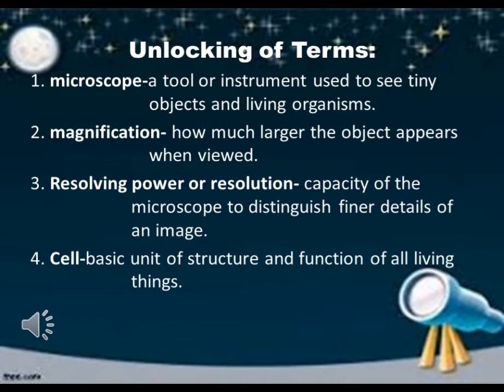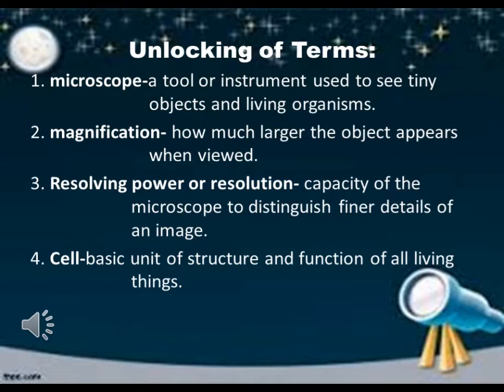As we go with our lesson, we will encounter words or terms that to some are unfamiliar, but to others may be easy. Number 1. Microscope. A tool or instrument used to see tiny objects and living organisms. Number 2. We have magnification. This is how much larger the object appears when viewed. Number 3.